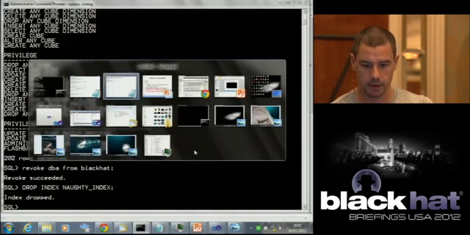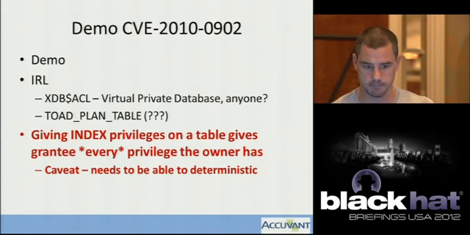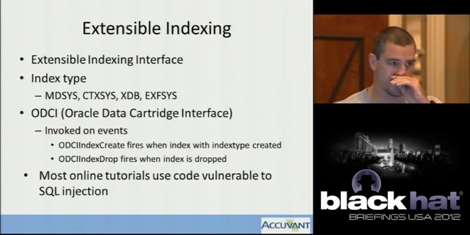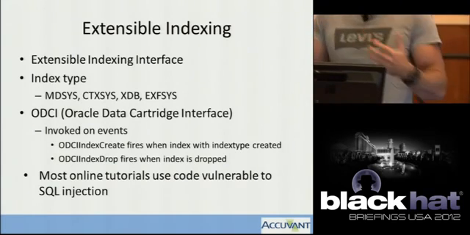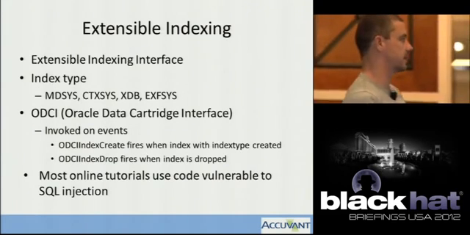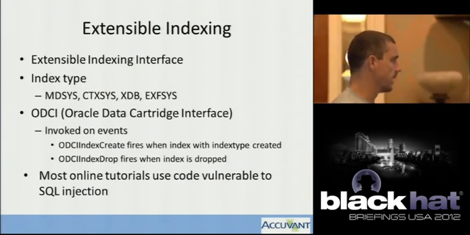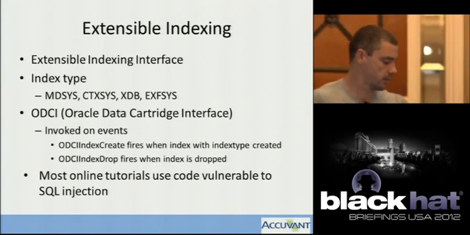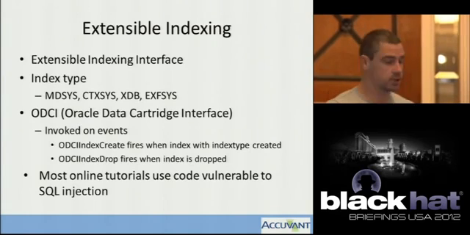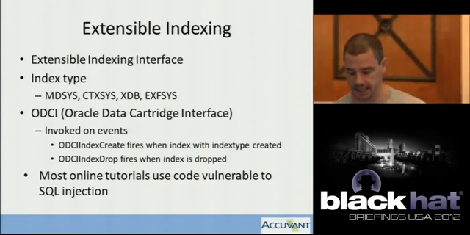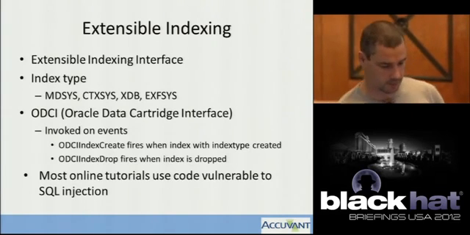Right. So moving on to the next stuff. So I spoke about domain indexes earlier. It's the same. It extends indexing essentially. Now, we're doing okay for time. There's a whole bunch of extended indexing on a default system.